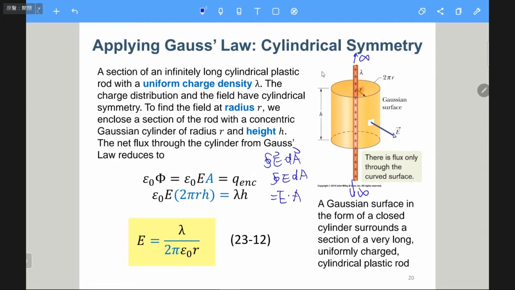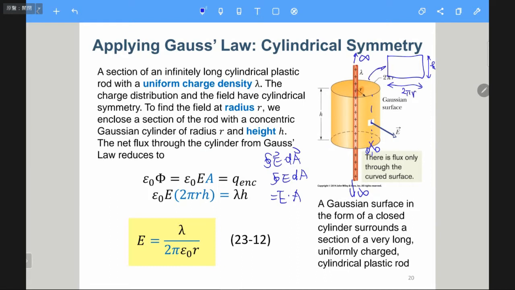For the cylinder, if you cut it like this and expand it, it becomes a rectangle. This is the height, and this is the width, and the width will be 2 pi r.